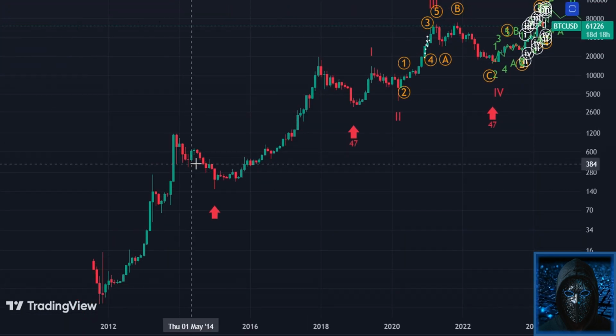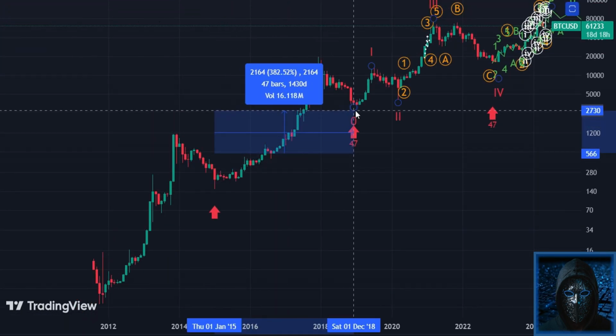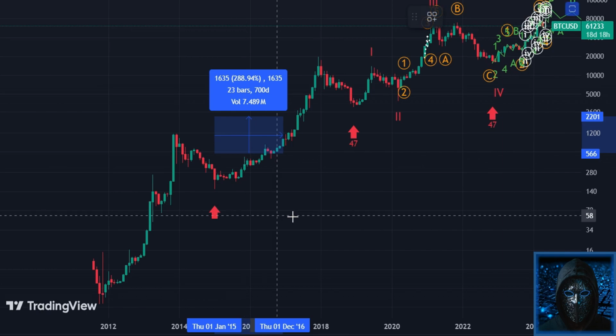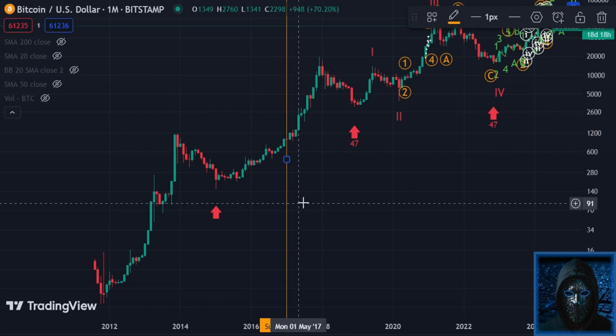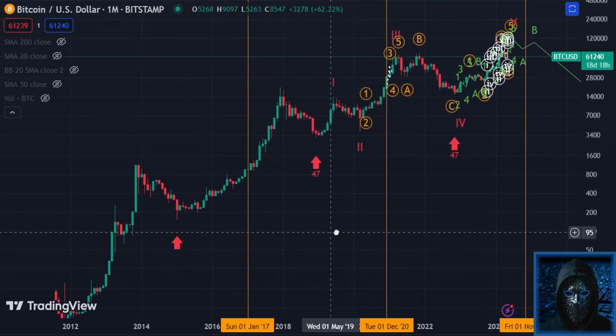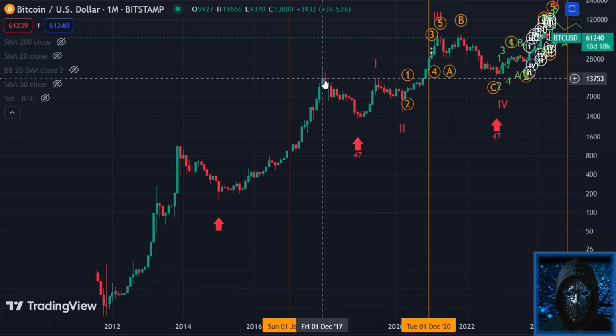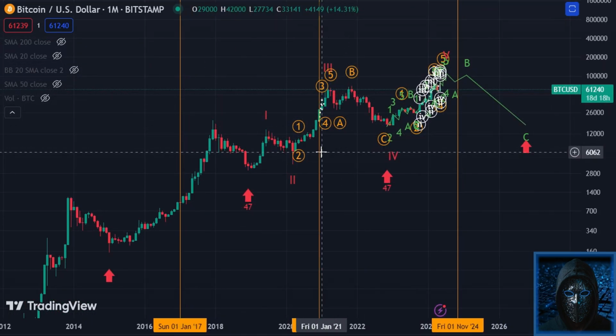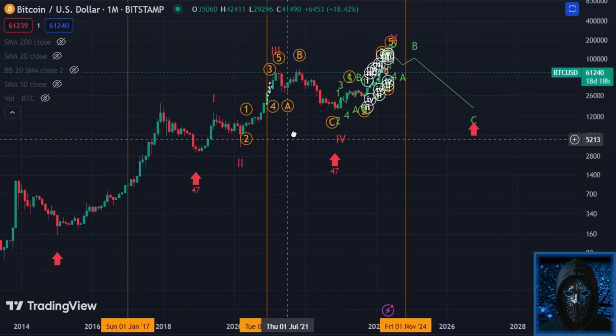Now, with cycle theory, it's also important that you measure out the midpoint. So we have a midpoint here. As you can see now, we have a top on the right side of the midpoint.